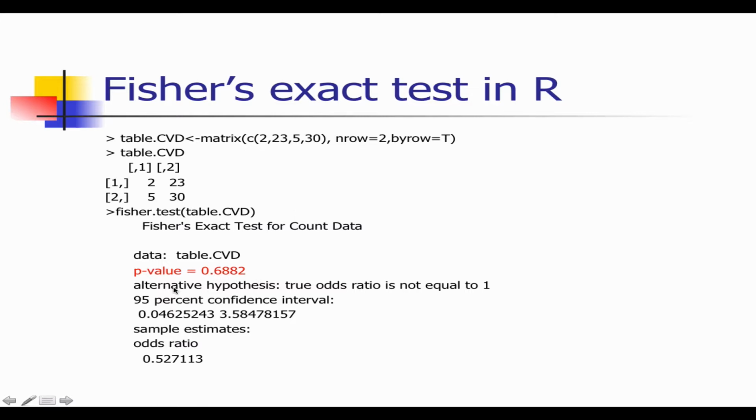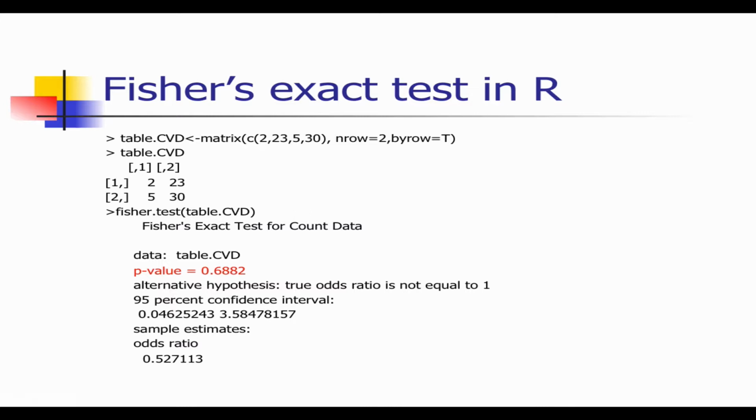And look here, the alternative hypothesis is that the true odds ratio is not equal to 1. We didn't introduce odds ratio in this course, but essentially it means that the rows and the columns are not independent. That's the alternative hypothesis. So this is how you perform a Fisher exact test in R.